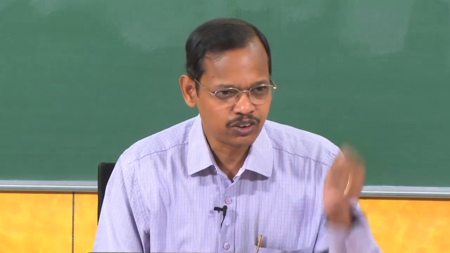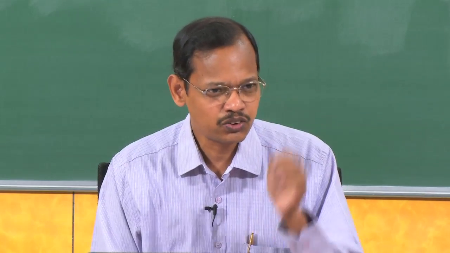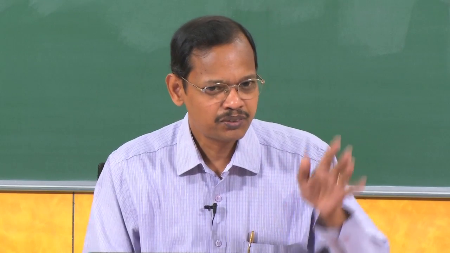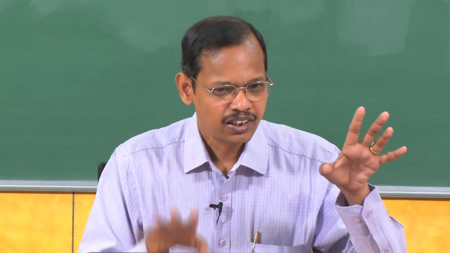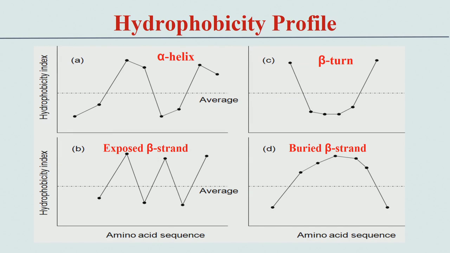They identified some specific patterns for helix or strand or coil or turn. As we know, the helix has 3.6 residues per turn, and if these residues are amphipathic, right, spanning 2 different phases, then 2 in one phase and 2 in another phase, based on that they derived a specific type of pattern. This can work only if the helices are amphipathic in nature.